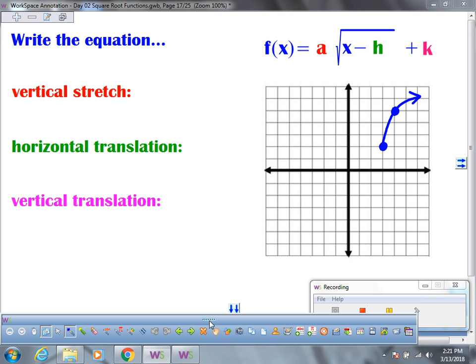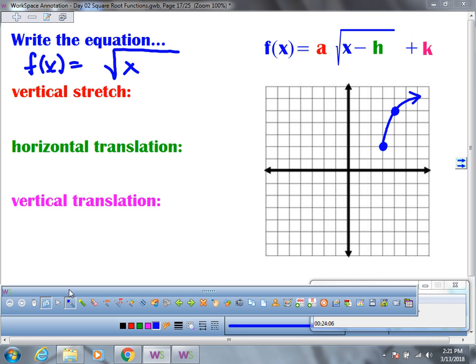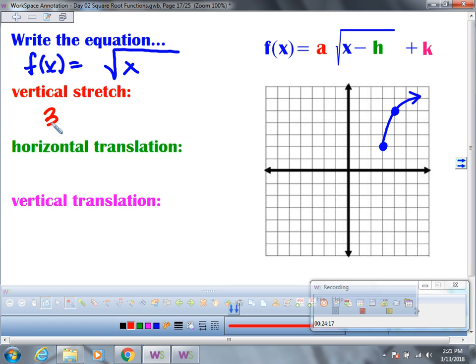All right, so write the equation. F of x equals, this is a square root function. All right, so what's going on? What's my vertical stretch? Instead of going over 1, up 1, I'm going over 1, up 3. So I have a stretch of 3, which puts a 3 on the outside.